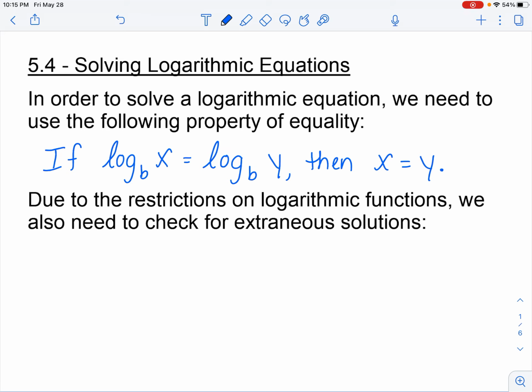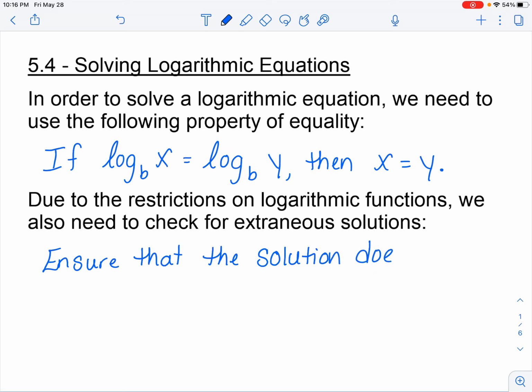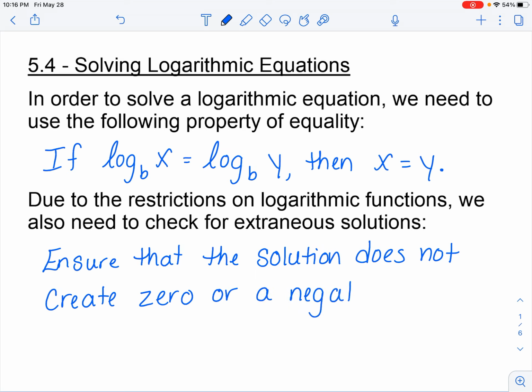All right? So to do that, you need to ensure that the solution does not create zero or a negative number for the argument inside the logarithm.